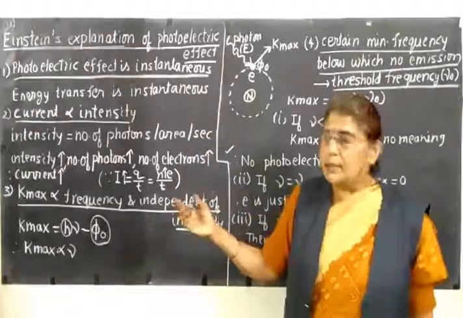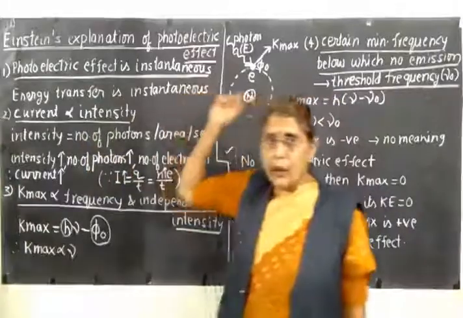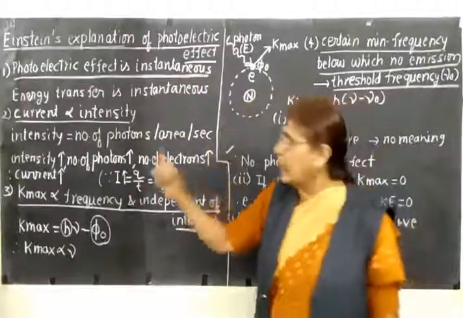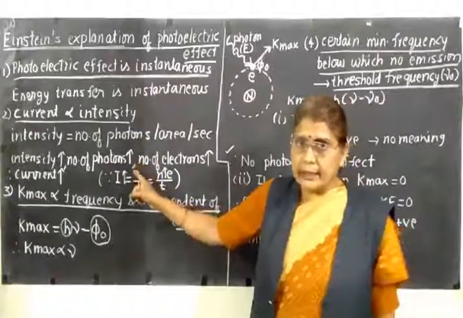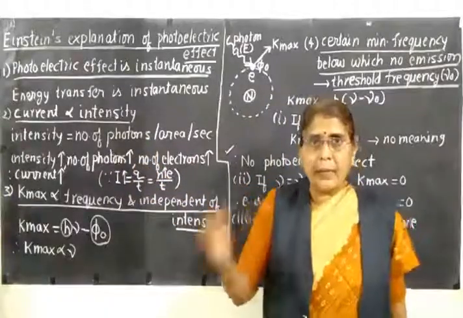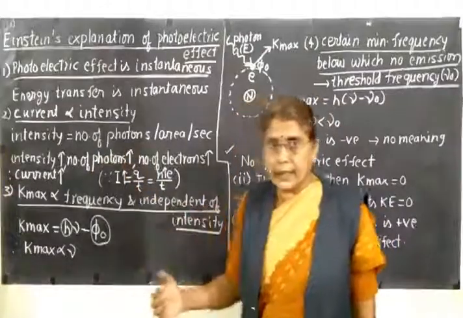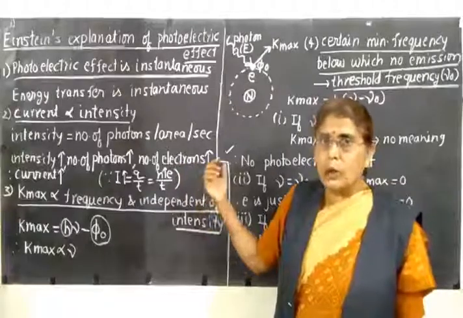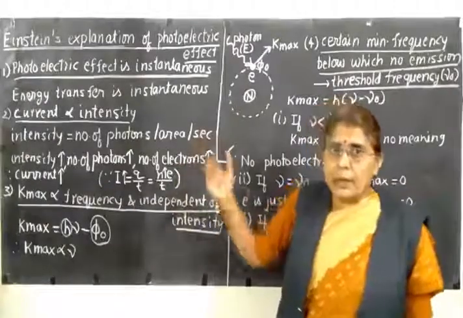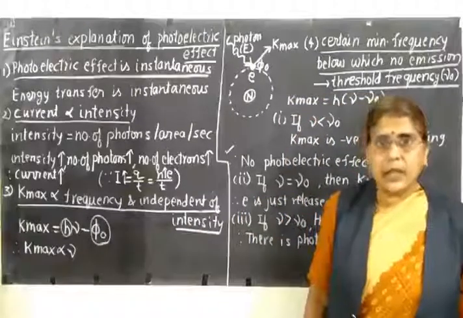Now what happens if the intensity of the falling radiation increases? The number of photons will also increase. Now one photon will emit one electron. So if the number of photons incident on the emitter increases, the number of electrons emitted out from the emitter also increases. So if the number of electrons emitted from the emitter increases, what happens to the current?